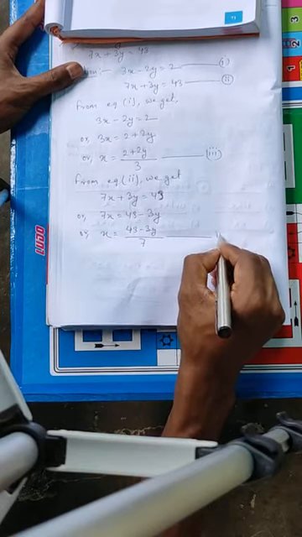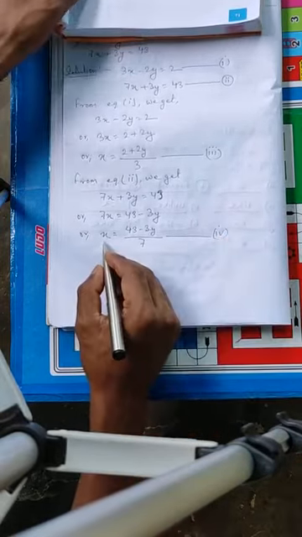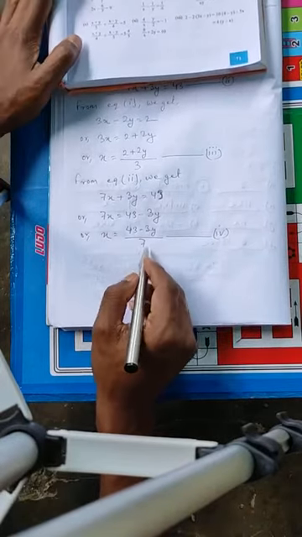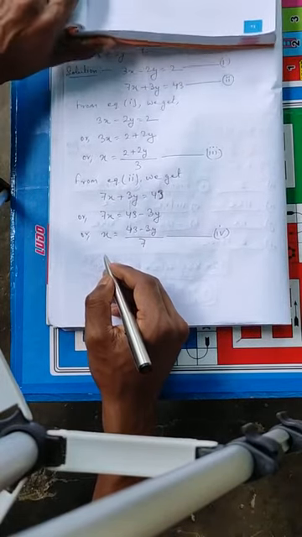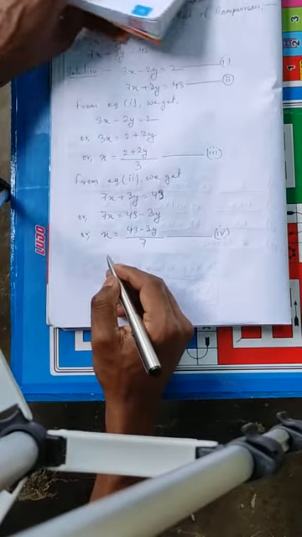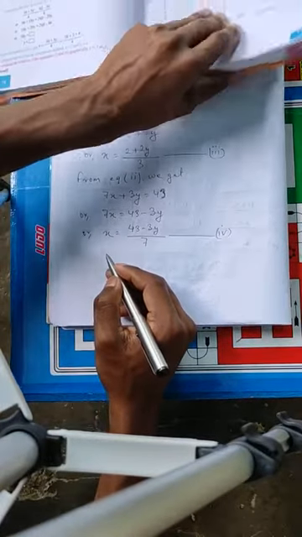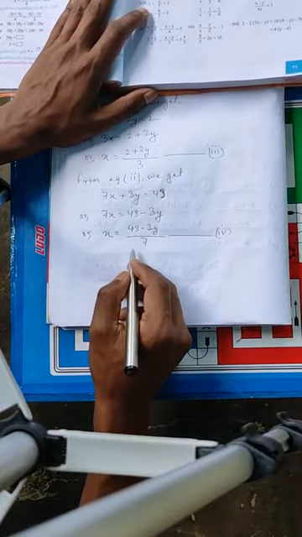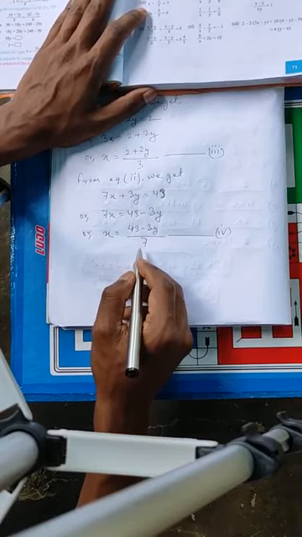That is equation number 4. Here also we find the value of x. Now we will get two equations.